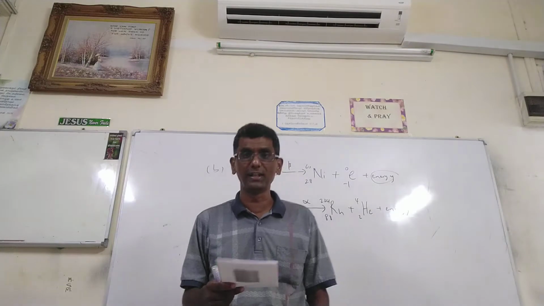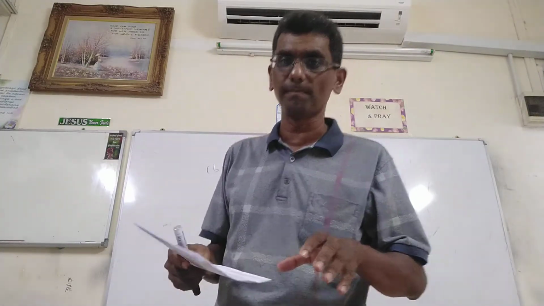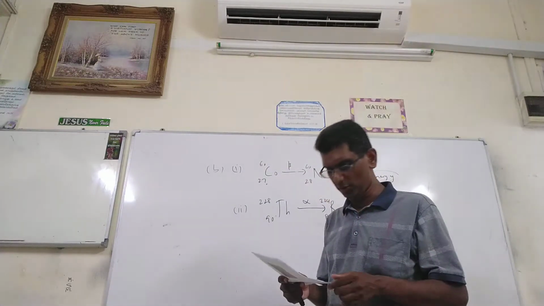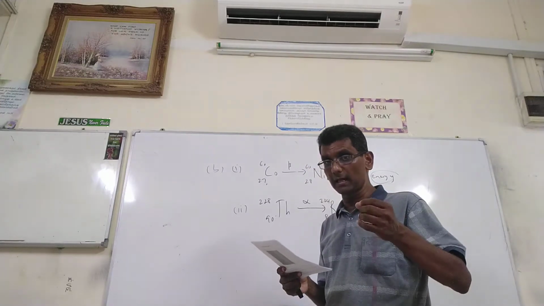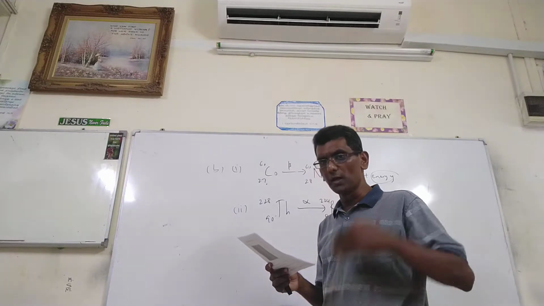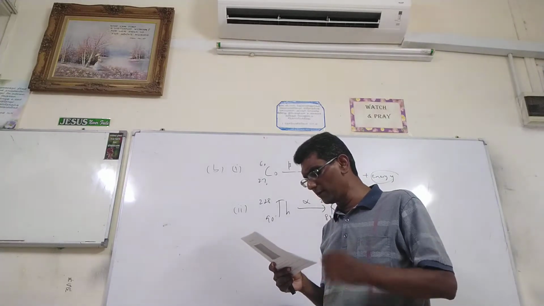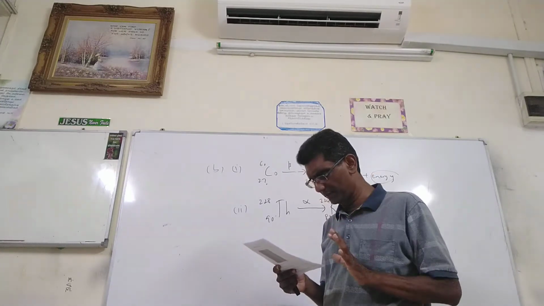Okay, question 3 is a very, very interesting question. Please read question 3 and go through the question. This is the half-life question. Phosphorus 32 decays to non-radioactive sulfur 32 with a half-life of 15 days.